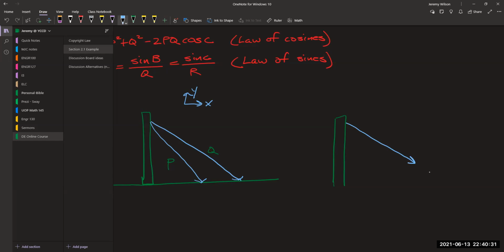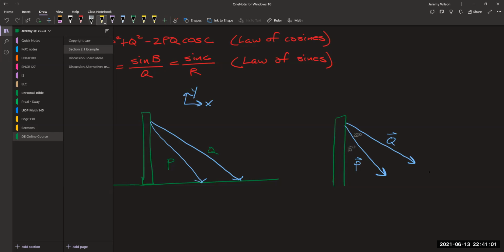I'm going to draw the vectors P and Q. And I didn't get out of the car and measure any of the angles, but let's just make some up. 15 and 20 degrees.